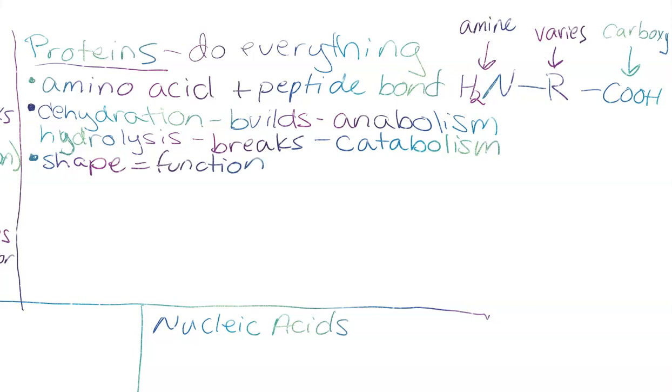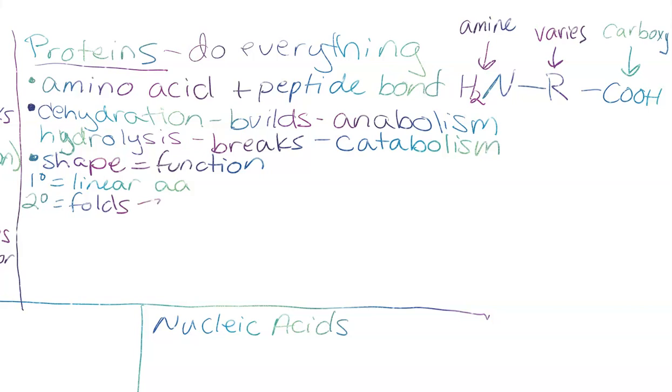All right, so there are 4 levels of structure you need to know. The primary structure is the linear amino acid sequence. The secondary is folds.